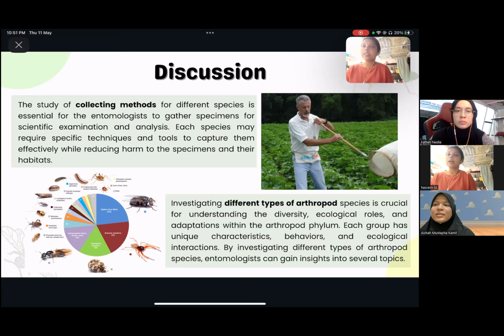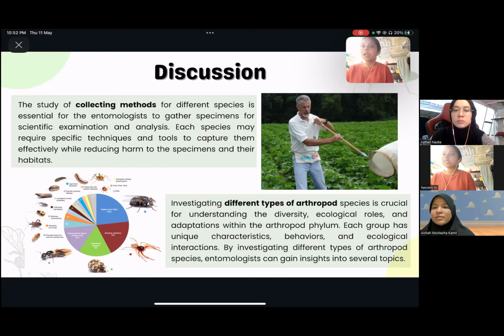The second objective has also been achieved, which is investigating different types of arthropod species. This is crucial for understanding the diversity, ecological growth, and adaptation within the arthropod phylum. Each group has unique characteristic behaviors and ecological interactions.